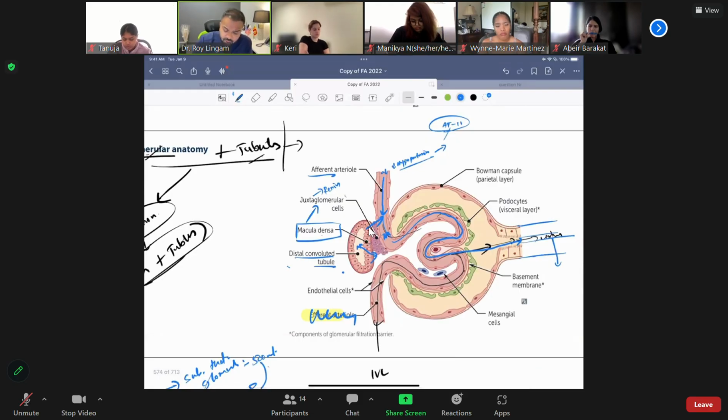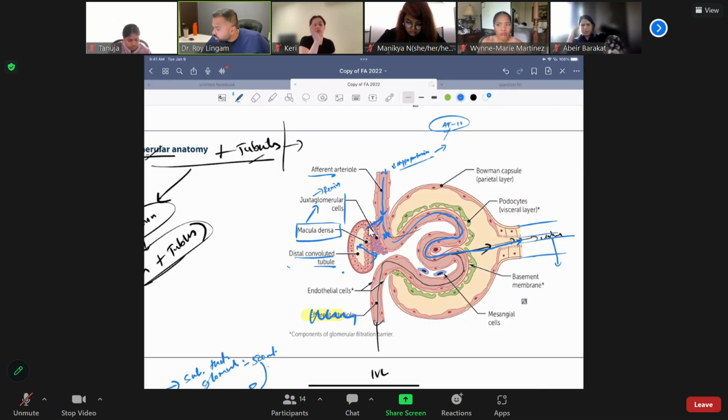And JG cell, what type of receptor do we have in JG cell? Type it up. What type of receptor do we have? I only got one answer out of 13 people in here.